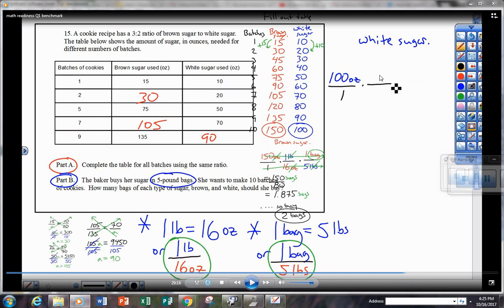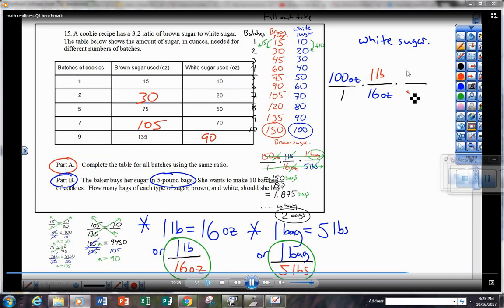I'm going to use 2 conversions here. I want my ounce units on top and bottom, and then I want my pound units to cancel away too. So 100 ounces over 1, I use my first conversion of 1 pound over 16 ounces. That will make my ounce units cancel top and bottom.